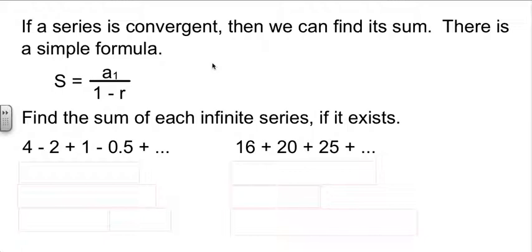Now, if our series is convergent, then we can find the answer for it. And there's a really simple formula that goes very smooth. It's a lot easier than finding one for a finite series like we did last time. The sum of an infinite series is a1, the first term in the sequence, divided by 1 minus the r value.